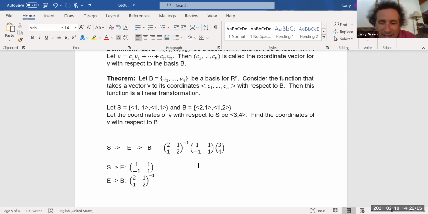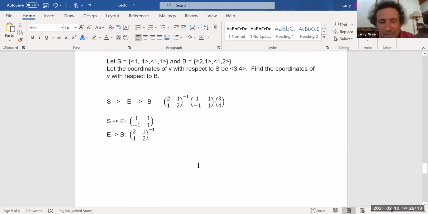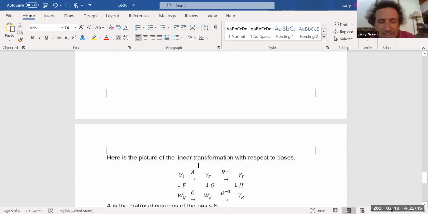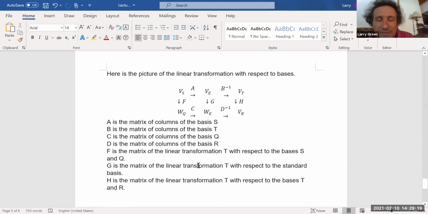To do that, and again, this is not from the book, this is something that I made up because I found it, at least for me, a whole lot easier than the way any book does it. But I draw a picture. It's a very messy picture, but it's going to help us a lot.